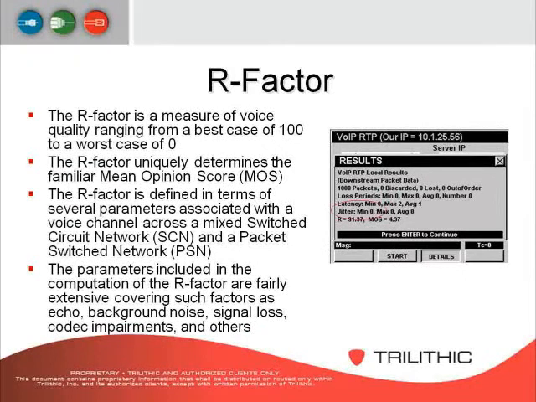You can look at the R factor as the technical version of the MOS score, whereas the MOS score is a subjective view of how the end user would rate the quality based off of what they hear, but it's totally subjective. R factor uses technical data to come up with the number.